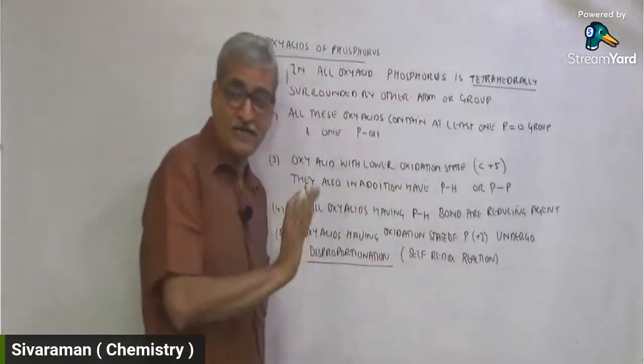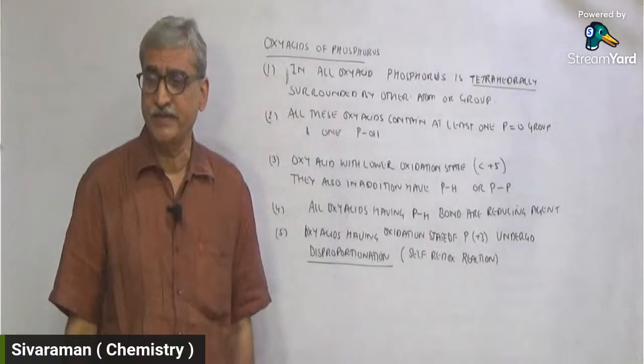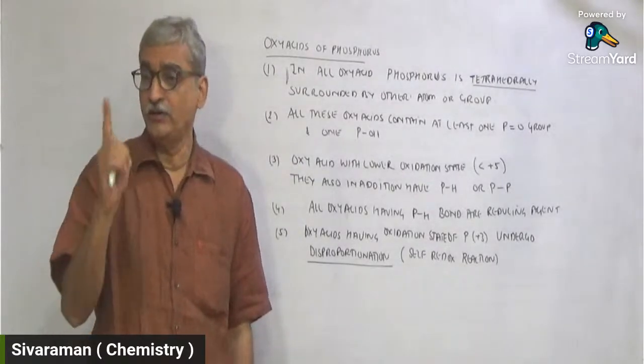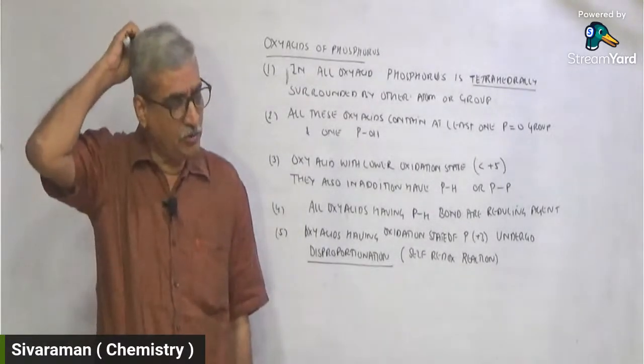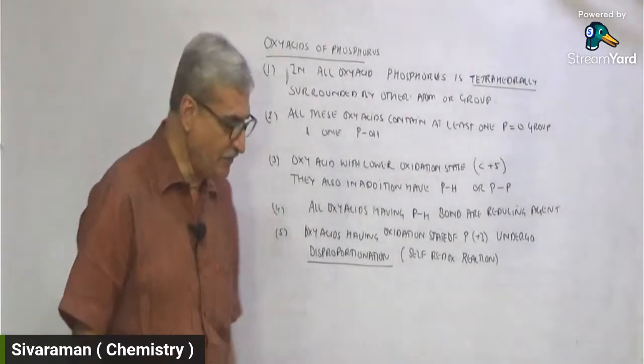So which will undergo disproportionation is the question we should expect. Knowing the structure, those which have a plus 3 oxidation state have a tendency to disproportionate.